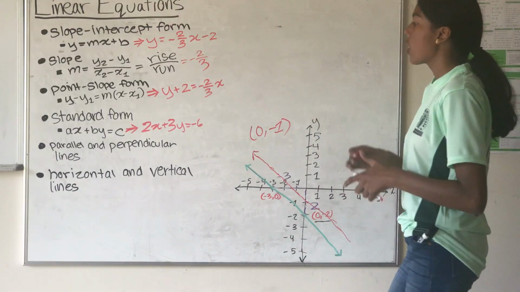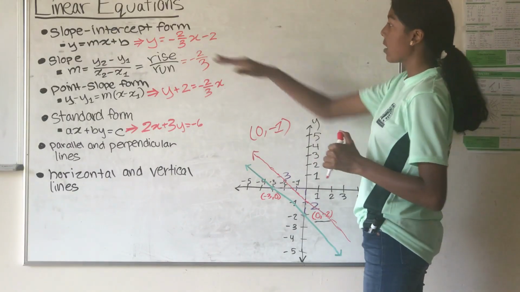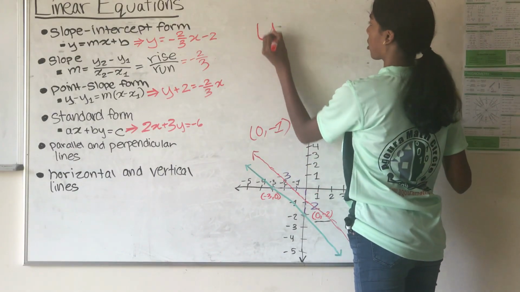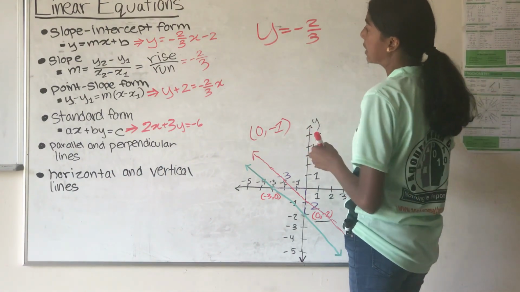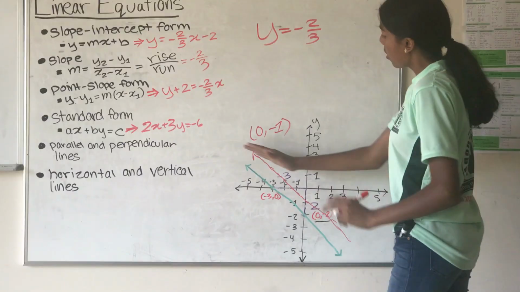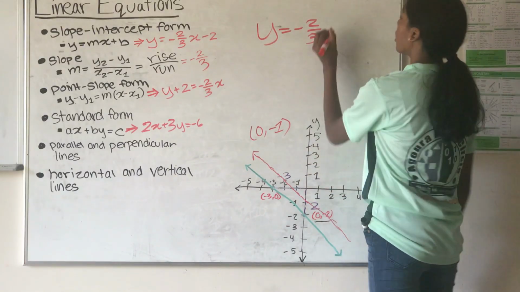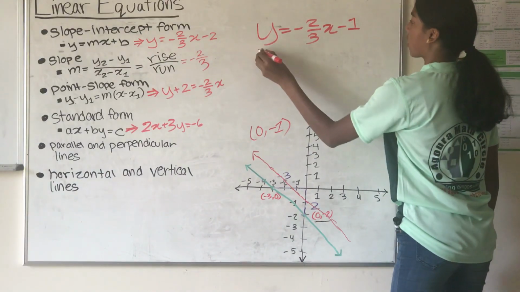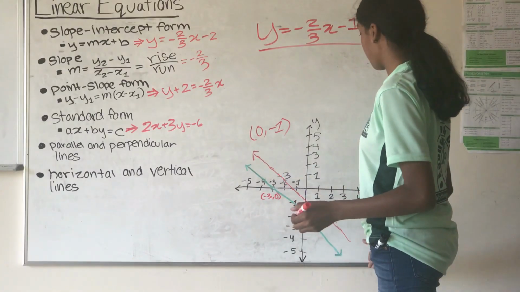The way we do that is basically, we know the slope already. It's going to be -2/3. The only thing we don't know is the intercept. But we're given that the intercept is 0, -1. So this is going to be the line parallel to this green line.